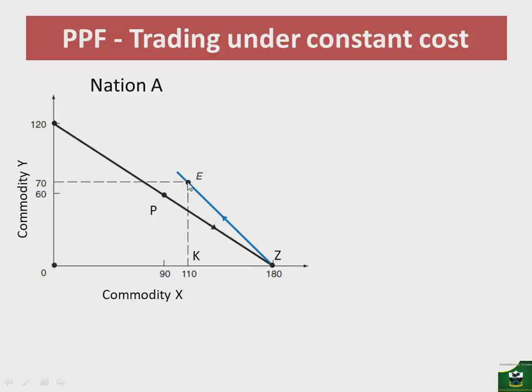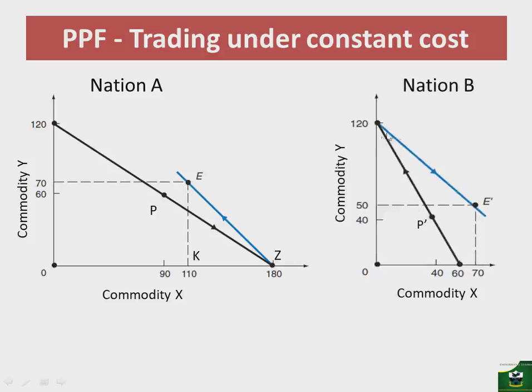Let's assume point E, where nation A is able to export 70 units of X to nation B to import 70 units of Y. So if such a trade takes place, then nation A will consume at point E.